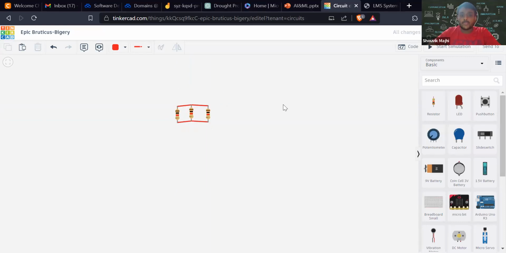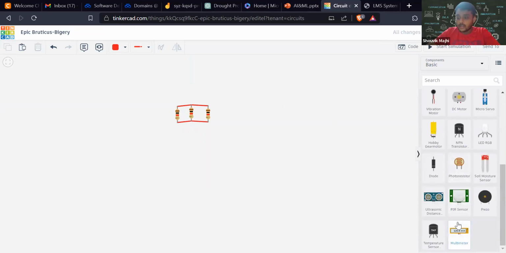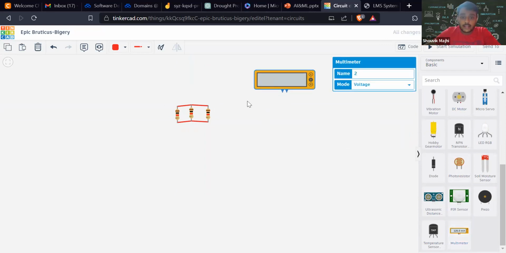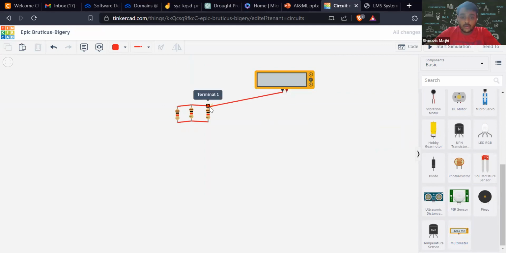Now let us take a multimeter and connect it. One end should go to one terminal and the other end should go to terminal 2. So this completes my connection, right?